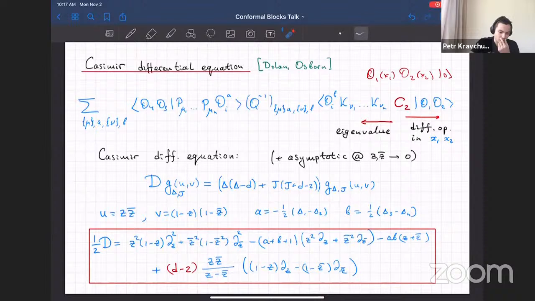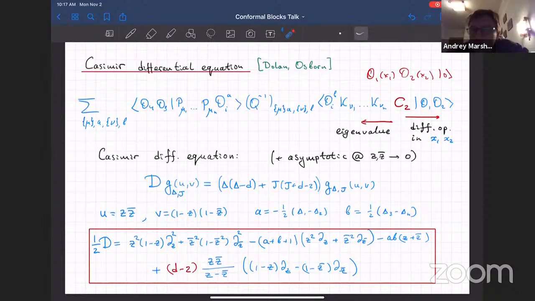All right, very good. So this differential operator, indeed, is going to be only in x1 and x2. However, this differential operator is going to be acting on G of u and v times the 4-point tensor structure, times some product of x1, x2, x3, and x4 raised to various powers. And that tensor structure depends on delta 1, delta 2, delta 3, and delta 4.